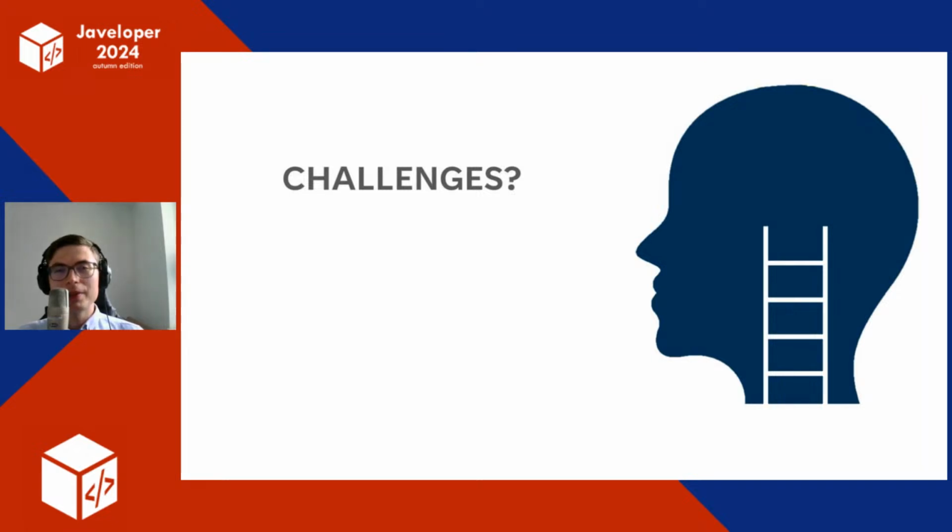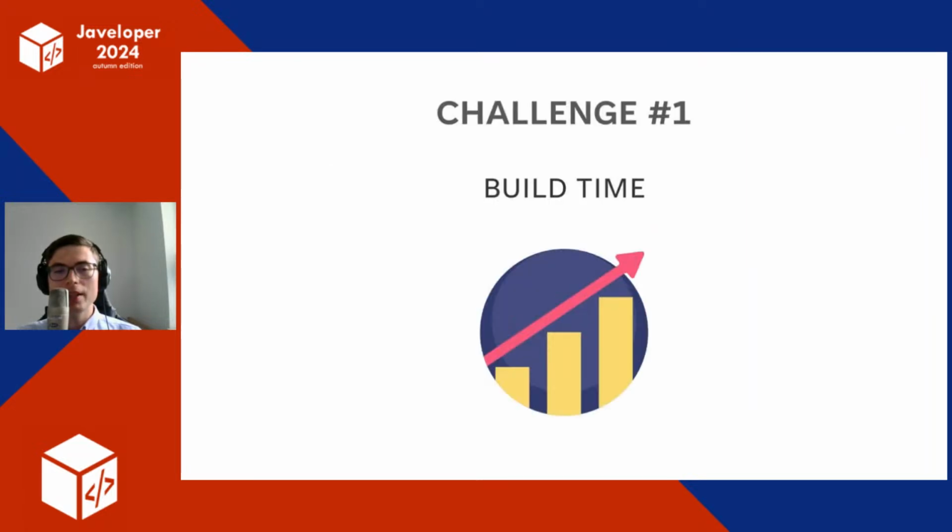All right, so those were the advantages that I wanted to share. Now let's see what are the challenges of the monorepo. So first of all, the build time is something that we need to keep an eye on because in the monorepo, the CI build time can get out of hand if we are not careful.